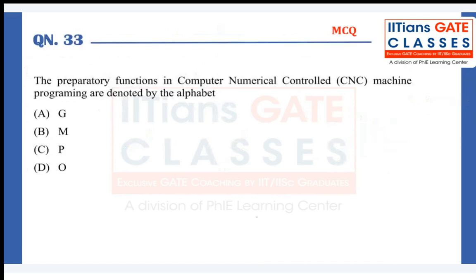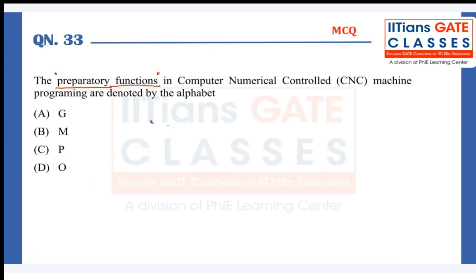So the proprietary functions in CNC, that means computer numerically controlled CNC machine. Question number 33, guys. Proprietary functions. G codes are also called proprietary functions. I told you, please go to our notes.